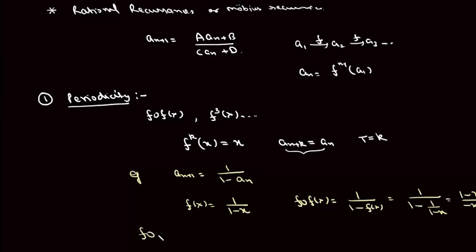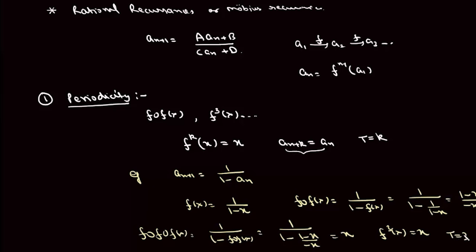And if we find f of f of f(x), then it will be 1 upon 1 minus (1 - x)/(-x), so it will be simply x. So in this case, f3(x) is equal to x. So this function is periodic with period 3, and this sequence will be periodic with period 3.